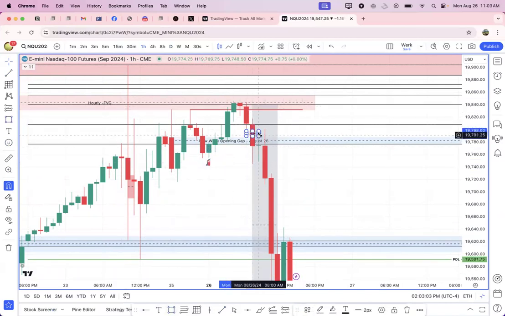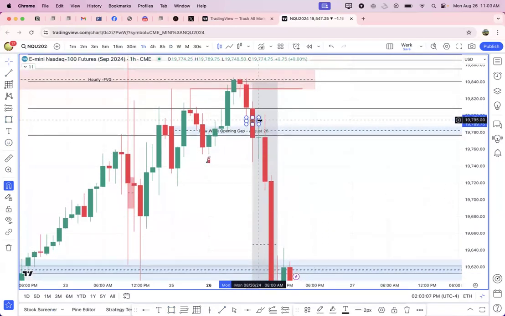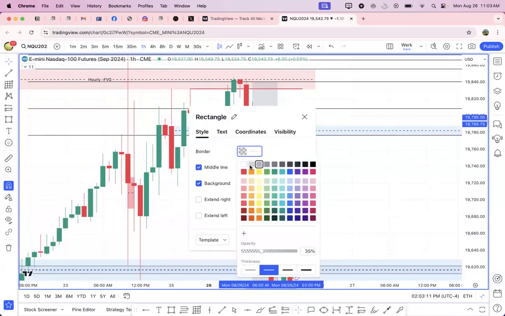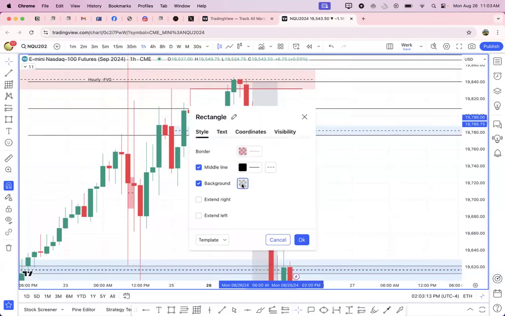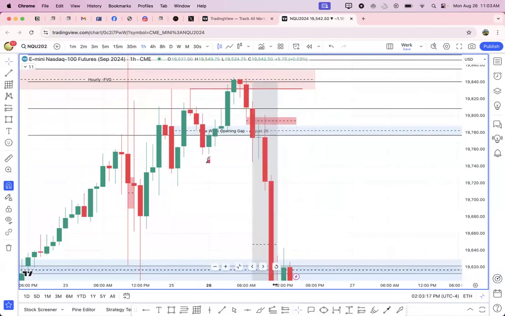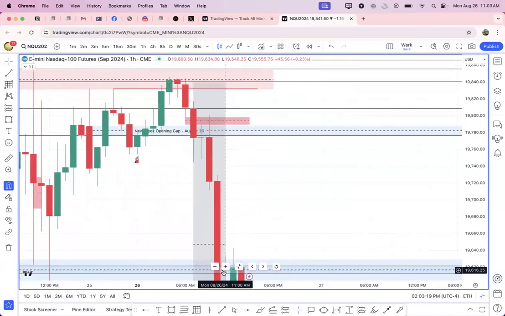And another thing that's good about this is we're above key times. So it's just so beautiful. So what I would be looking for is a setup within this hourly fair value gap.